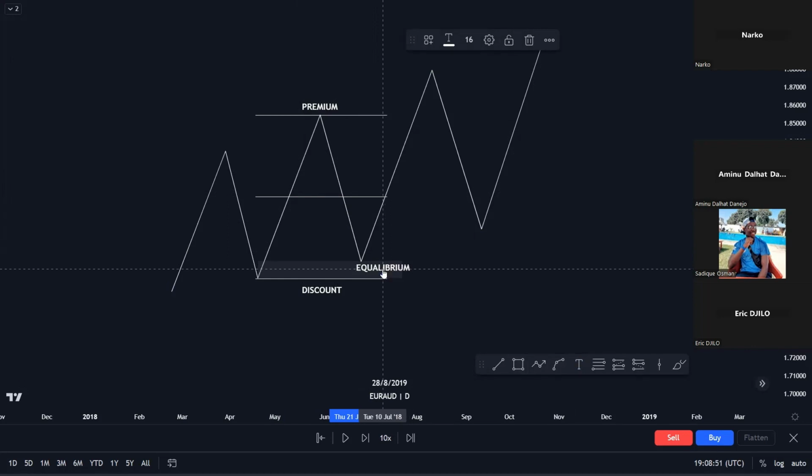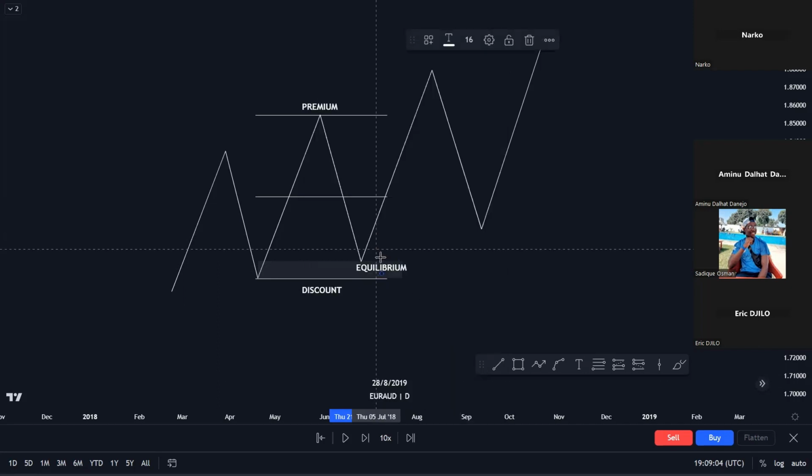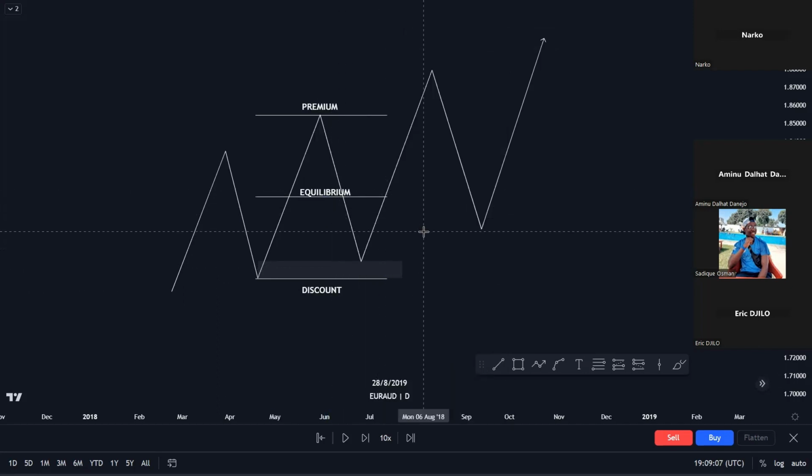So here in the middle will be your equilibrium pricing.